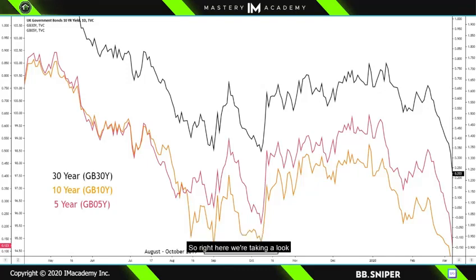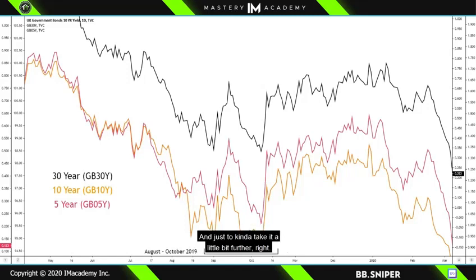So right here, we're taking a look at the yields themselves, and you can see that they pretty much move together for the most part. This is pretty similar to how GBP USD and Euro USD move. They're very similar, but they are going to have their minor differences.